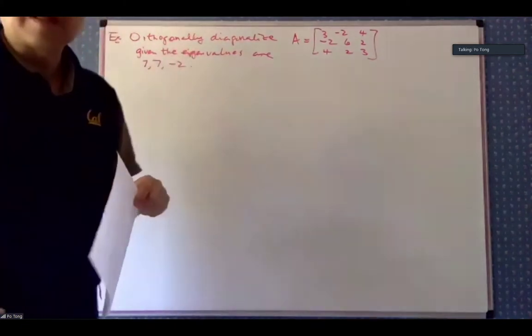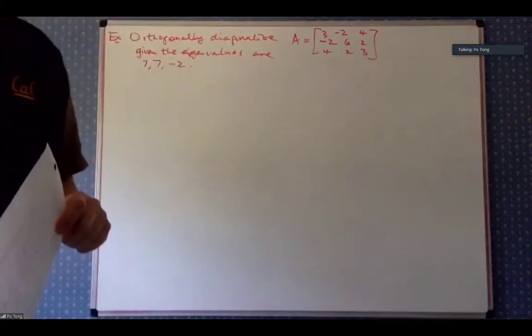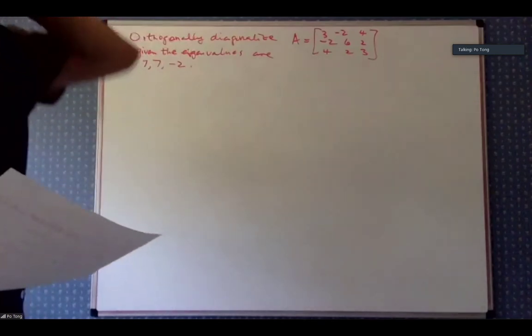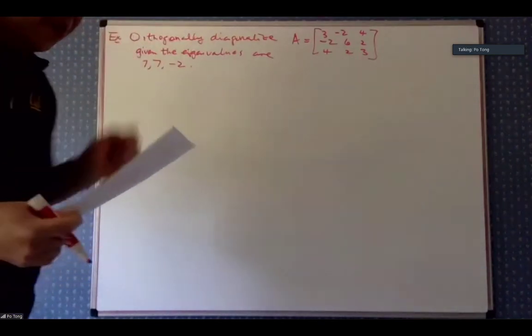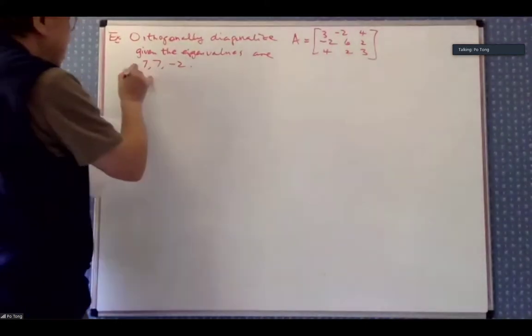Okay, so we were kind of in the middle of this last time, so we will just continue. Lambda equal to 7.